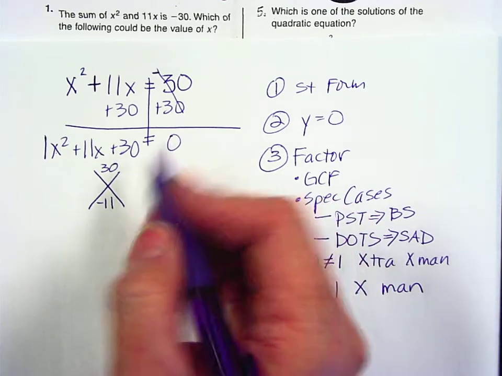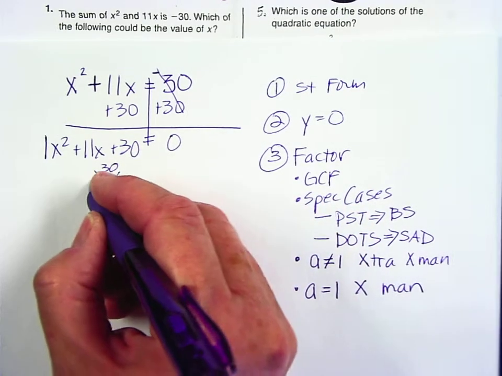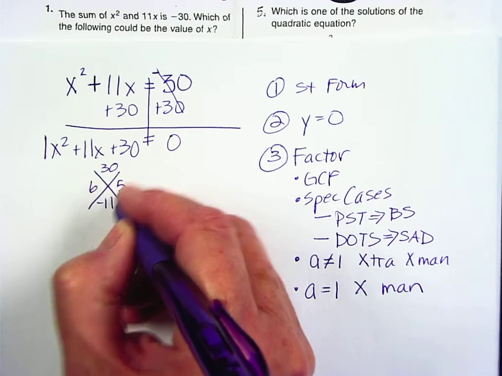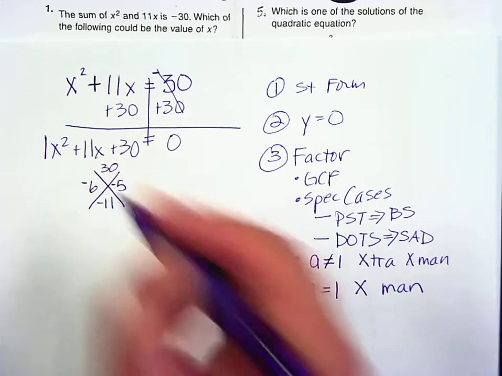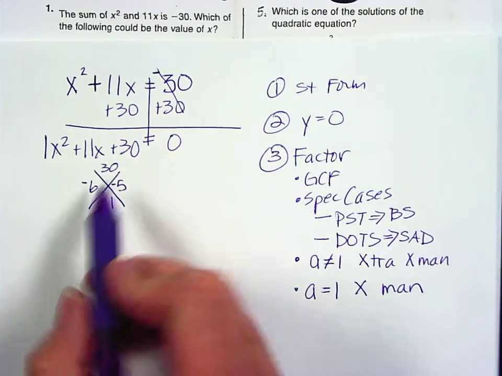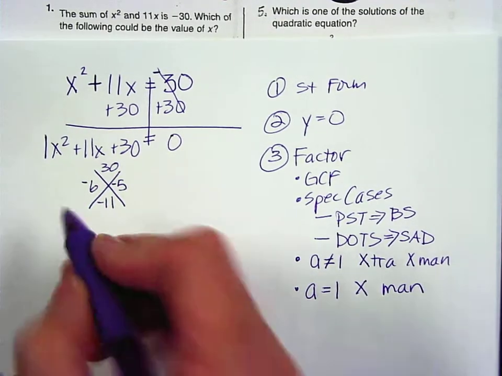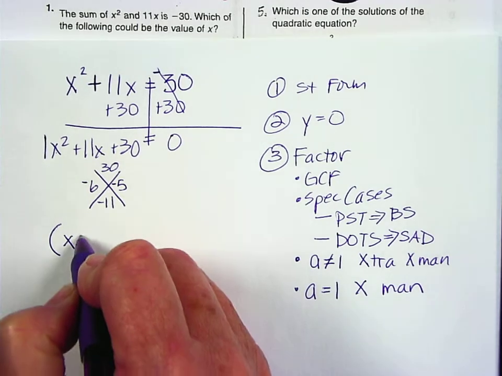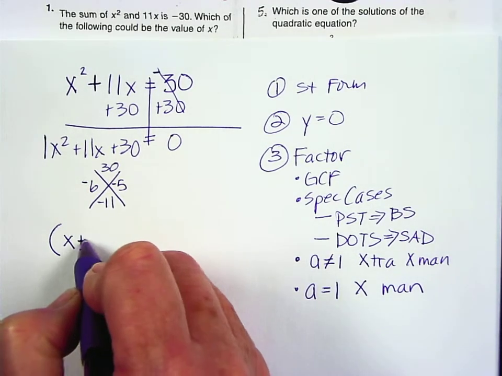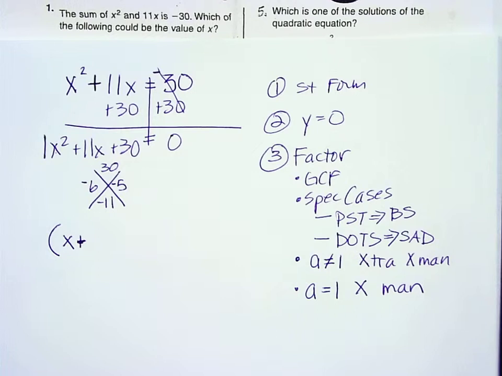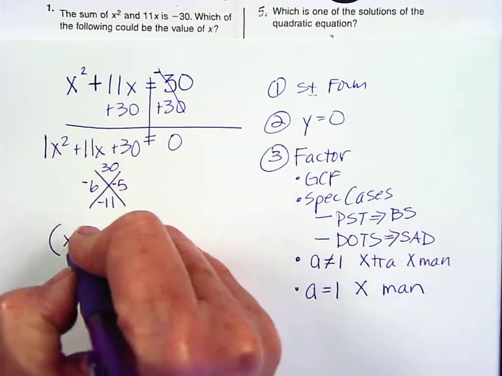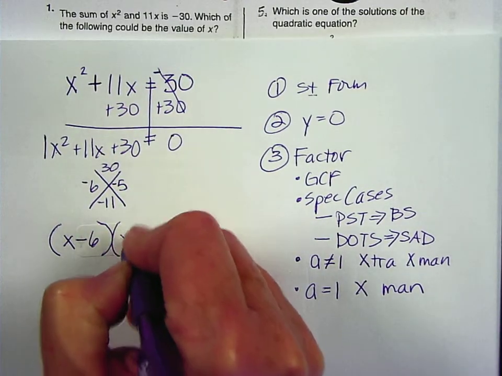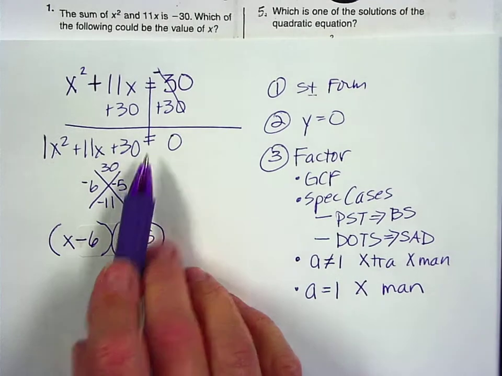And the way I'm going to get 30 is 6 and 5, and 6 and 5 is 11, but that has to be negative 11. So if I make both of these negative, their product is positive 30, and their sum is negative 11. So my two factors are x minus 6 and x minus 5, and that still equals 0.